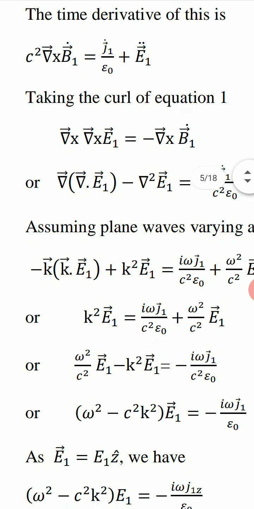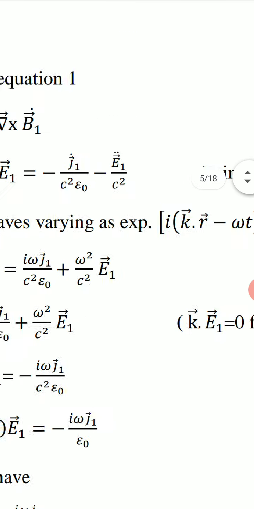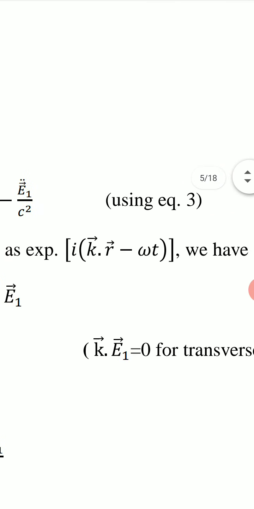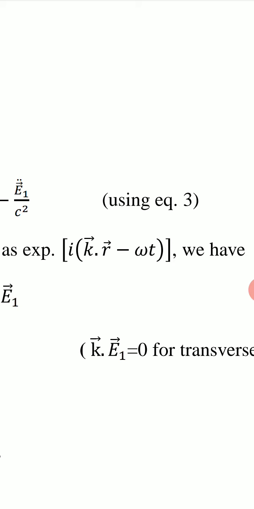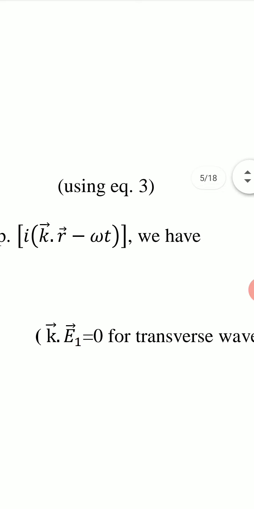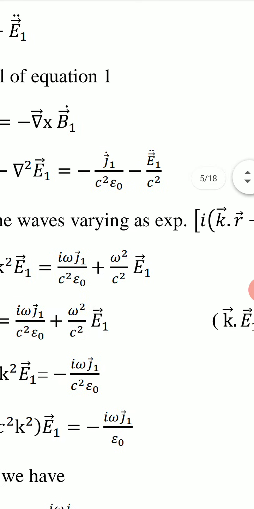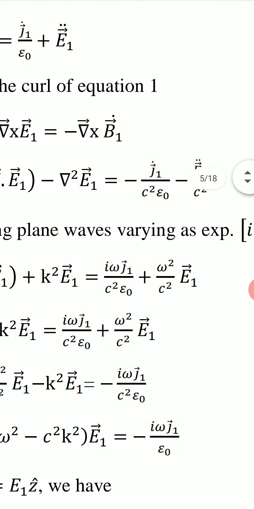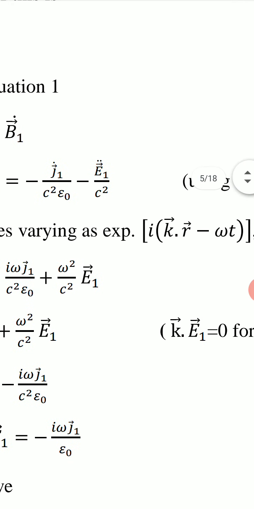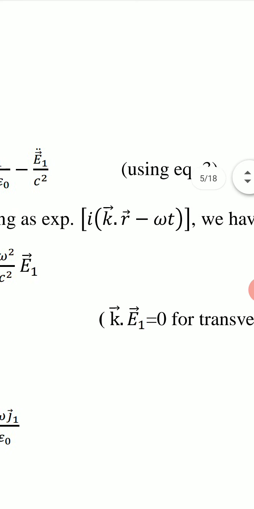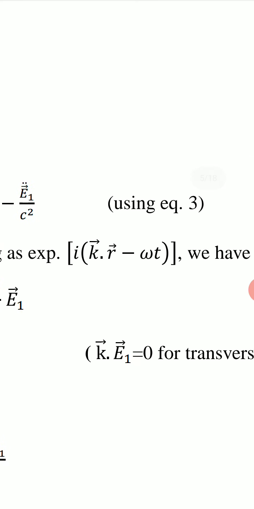Now assuming a plane wave varying as e to the power i k vector dot r vector minus omega t, then del vector will become i k vector.